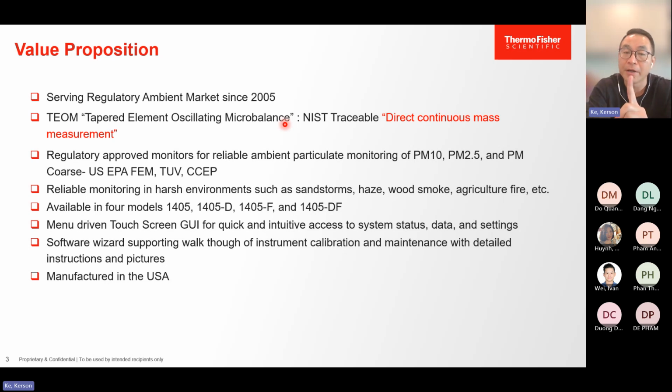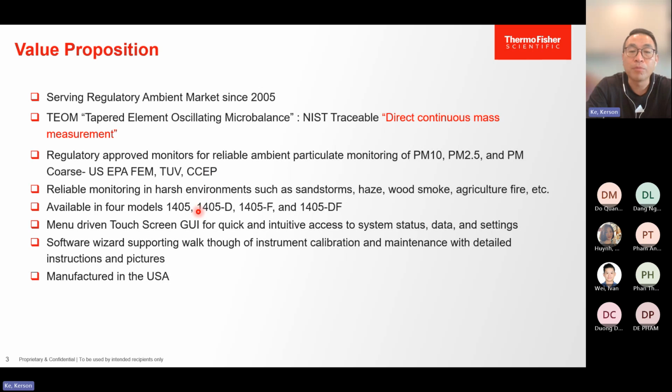We have a microbalance, and we put a filter on the microbalance. So it's the direct continuous measurement. So also it's NIST traceable. Okay, so we got different certificates from different countries, like US EPA, TUV from Europe, and CCP from China.